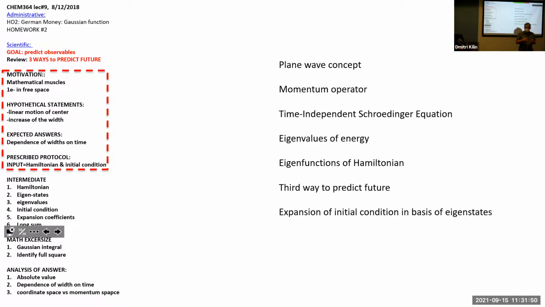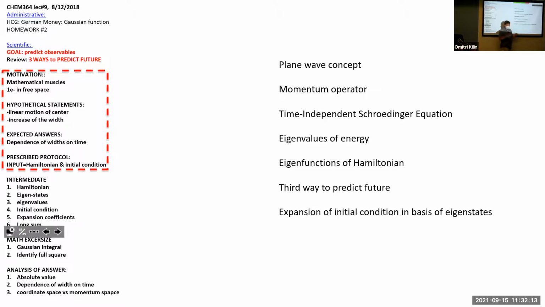So any positive energy will be allowed. It is a quantum problem without quantization. If you want smart words for it, it is a continuous spectrum of states. So eigenvalues of energy, eigenfunctions of the Hamiltonian, which will be plane waves. And then the third way to predict the future that we just looked at.